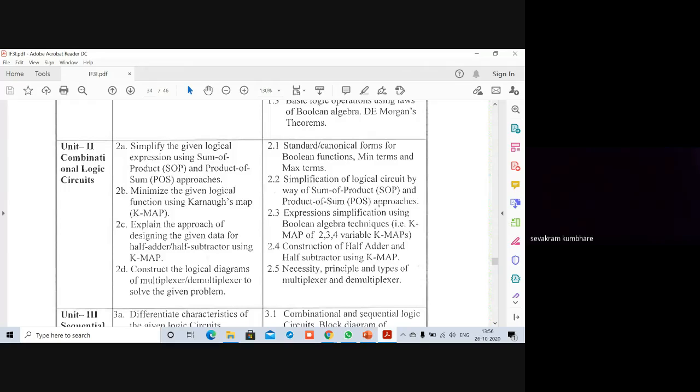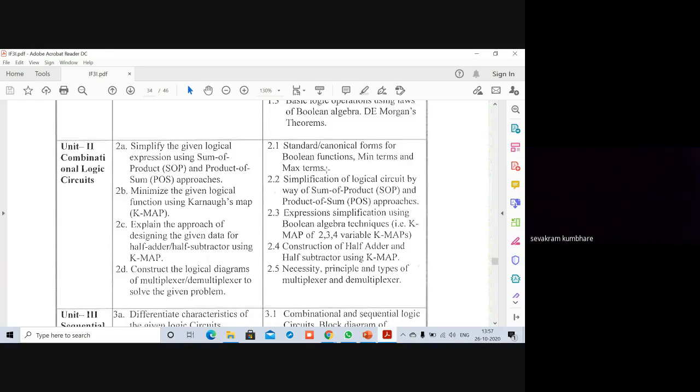Third point is expressions simplification using Boolean algebra techniques, that is K-map. Fourth point is construction of half adder and half subtractor using K-map. And fifth one is necessity, principle, and types of multiplexer and demultiplexer. So we will see all these points one by one.